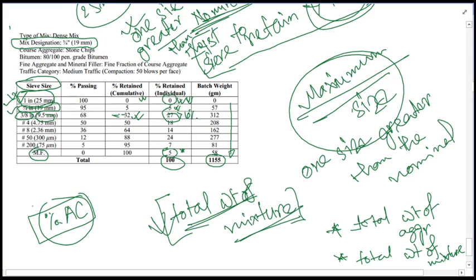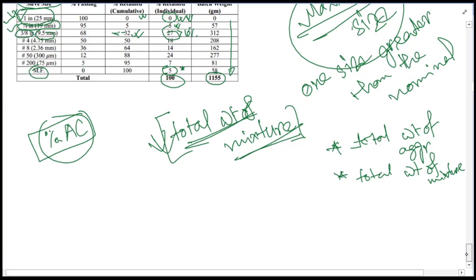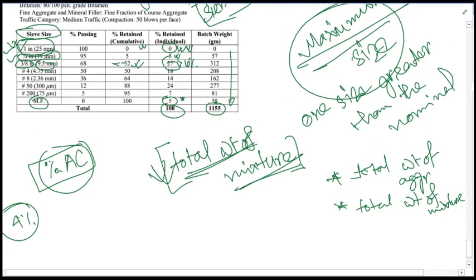So if I say for our experiment we will be using 4% asphalt content, can you calculate the asphalt content in gram for this particular sample of aggregate which we are dealing with? The mistake most of the time you make is that you just take 4% of 1155 and use this as the asphalt content, but it will be wrong in this case, because we are using the total weight of the mixture.